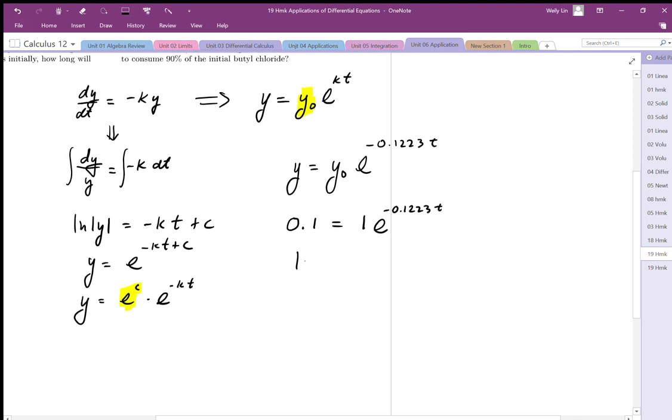So I get log of 0.1 is equal to negative 0.1223 t when I log both sides, and then solving for the t value, the time it takes for this to happen is going to be log of 0.1 over negative 0.1223, and we end up with a value of 18.83, and since the units are in seconds, the time is in seconds.